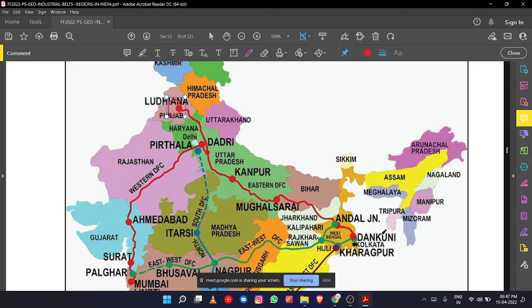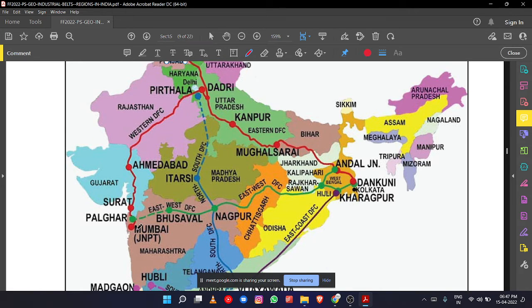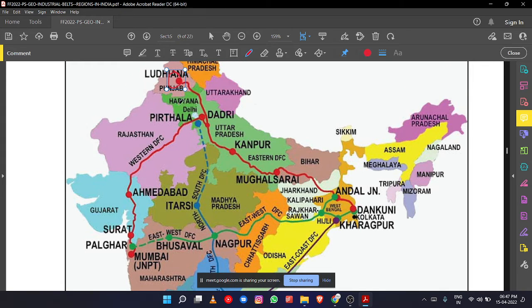Ludhiana to Dankuni area near Kolkata is the eastern corridor. The western corridor you can see from Mumbai to Delhi area. It also covers Surat, Ahmedabad. So it is in the states of Maharashtra, Gujarat, Rajasthan and Haryana.